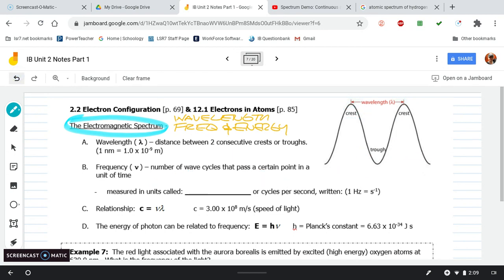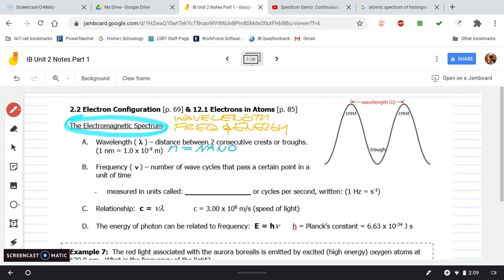Okay, so we have the wavelength definition here: the distance between two consecutive crests or troughs. Then we have this conversion. Sometimes students have trouble with this one, that a nanometer is a very small meter. So lowercase n, that's a nanometer. But I think you might be better off with this conversion.